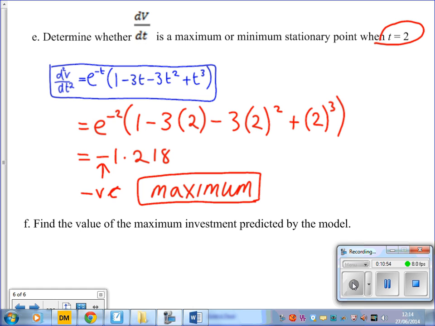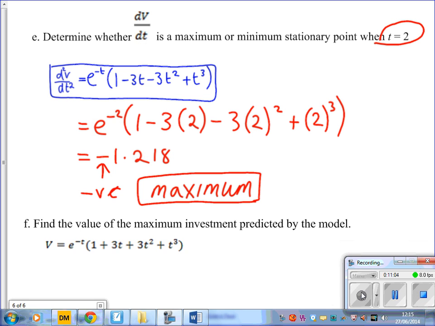Part F wants me to find the maximum investment predicted by the model. So I'm going to use t equals 2 and replace that in the initial equation that we were given at the start. Substituting in the value t equals 2, so e to the minus 2, 1 plus 3 times 2 plus 3 times 2 squared plus 2 cubed.